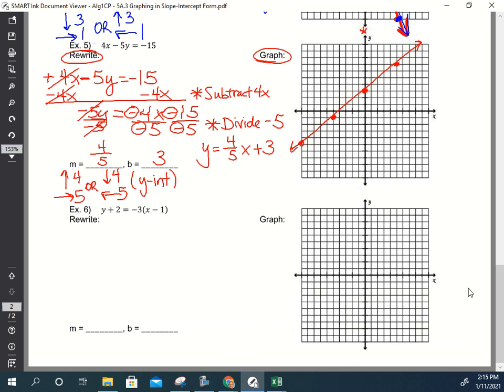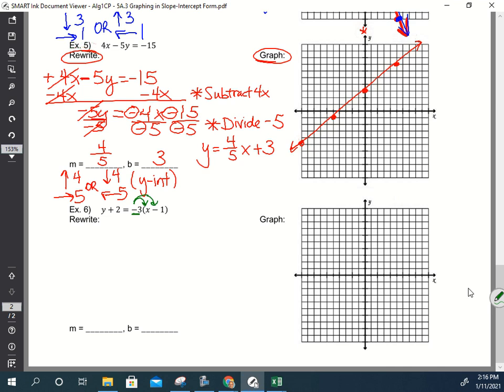All right, then let's finish this off. Example 6. We've got y plus 2 equals -3, parentheses, x minus 1. First thing, what do we have to do with this -3? Distribute.